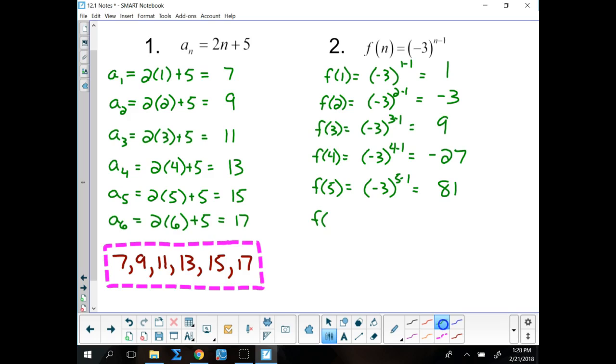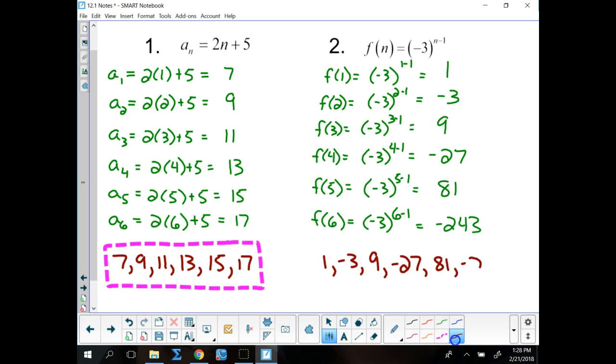Then I put in 6, and that's going to give me negative 243. And then I stop, because now I've got my first 6 terms. When I write this in sequence form: 1, negative 3, positive 9, negative 27, 81, negative 243.